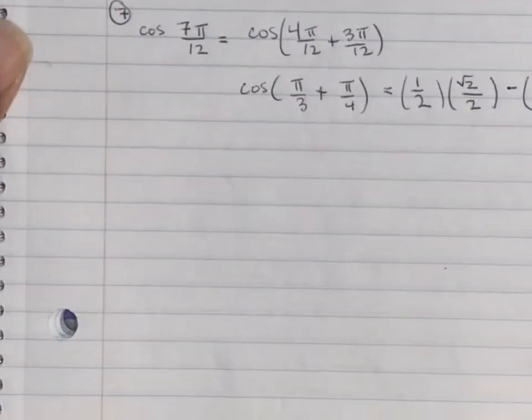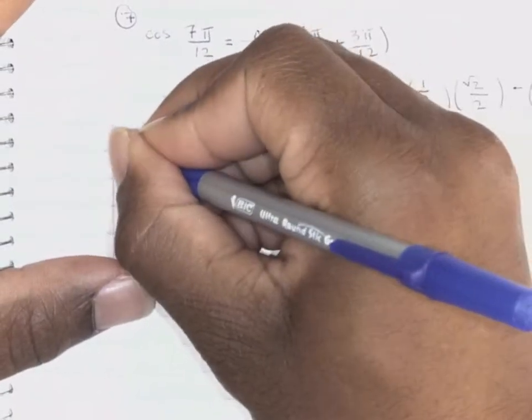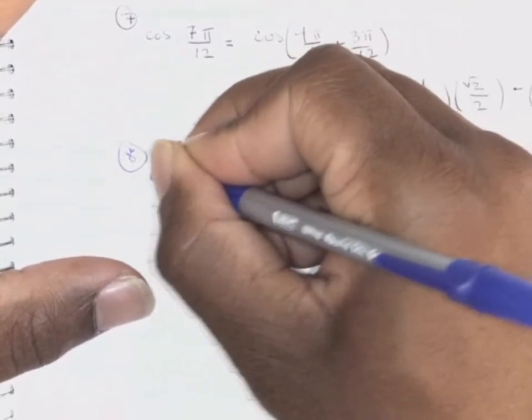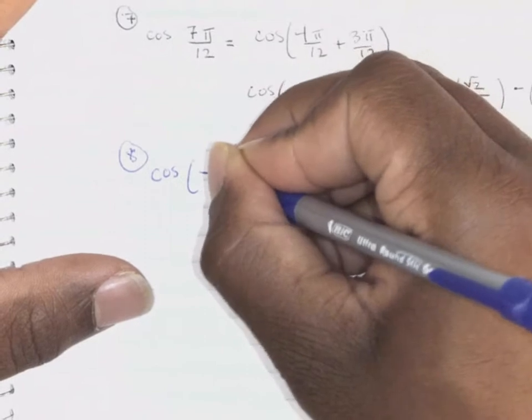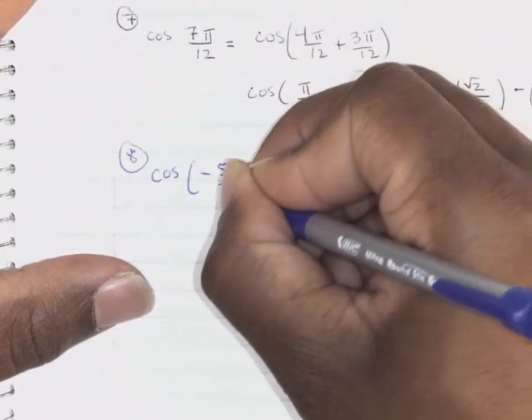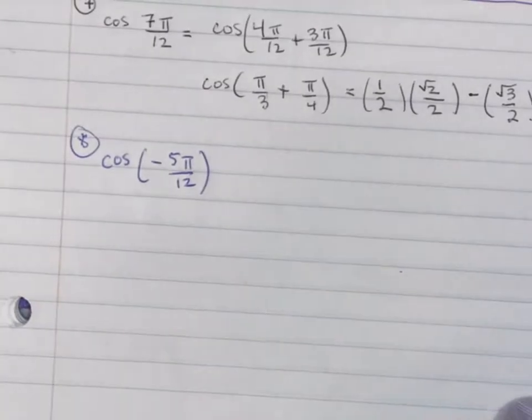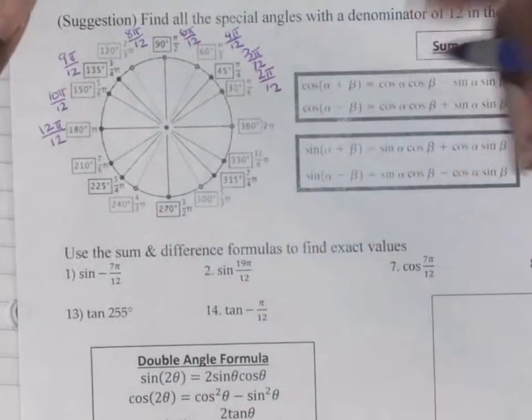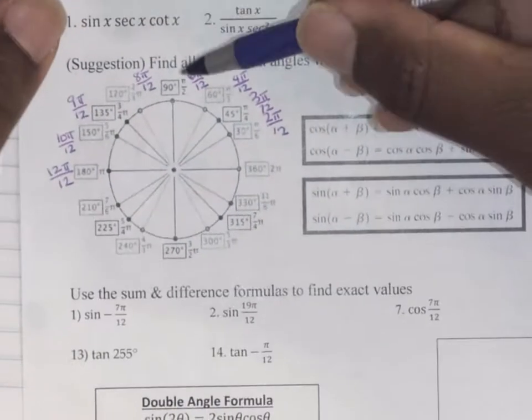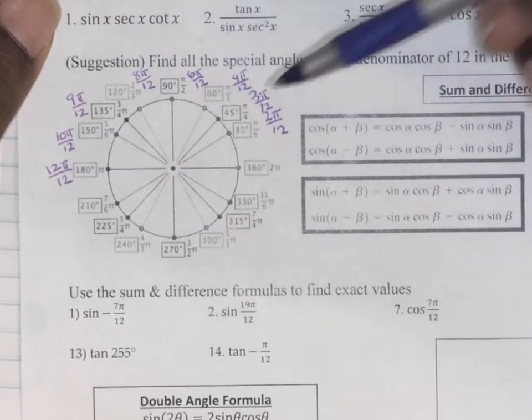All right, number 7. Sorry, number 8. Cosine negative 5 pi over 12. Two angles to give me negative 5 pi over 12. Sorry, 7, yeah, 5 pi. So I think 8 minus 3 is 5.